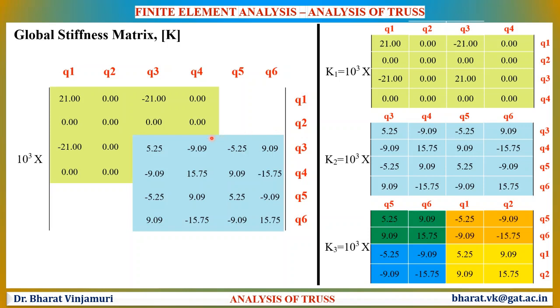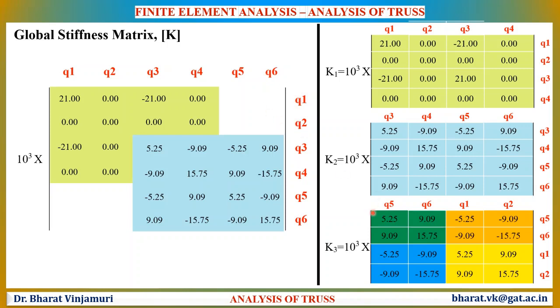The second stiffness matrix is placed in the respective columns and rows between Q3, Q4, Q5 and Q6. Now let us start filling the elements of K3 in the global stiffness matrix. To begin with, let us fill the empty rows and columns, that is Q5, Q6 and Q1 and Q2.